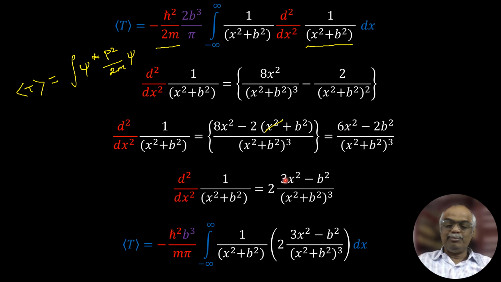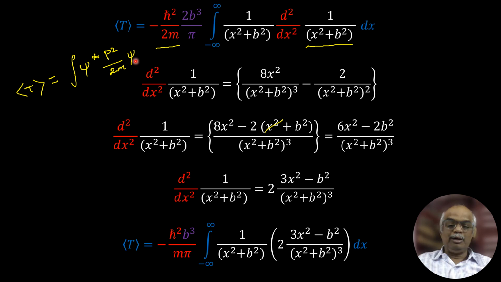Then this will become 3 in the numerator, 3x squared minus p squared, of course divided by the denominator (x squared plus p squared) whole power 3. Now you replace this value, this second order derivative.